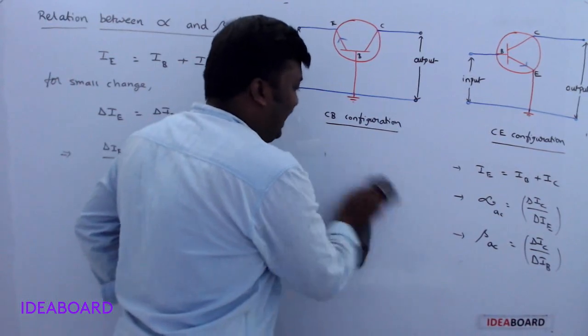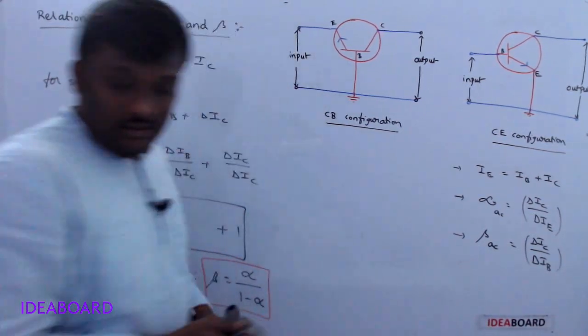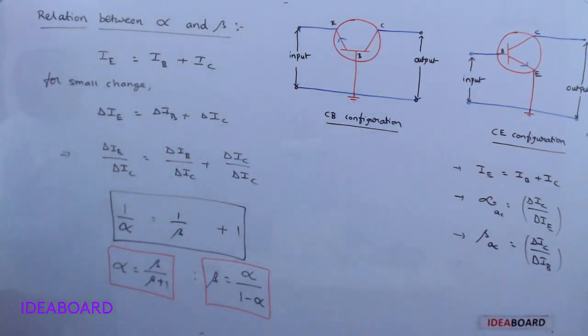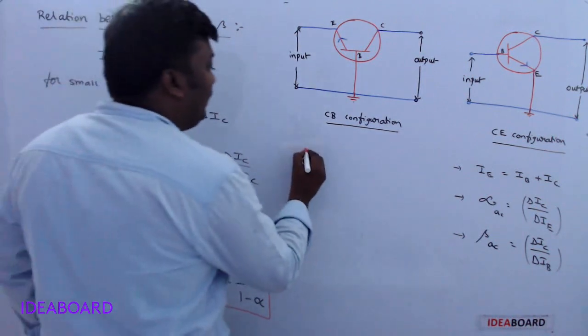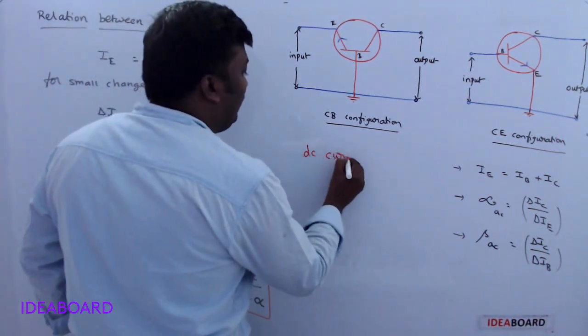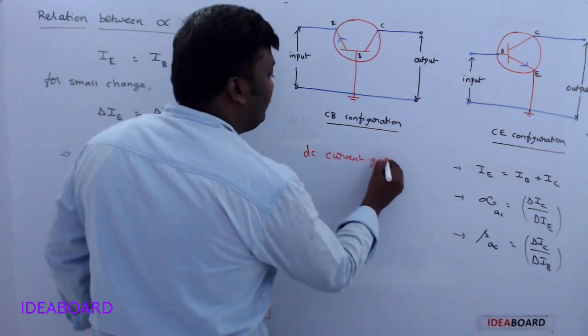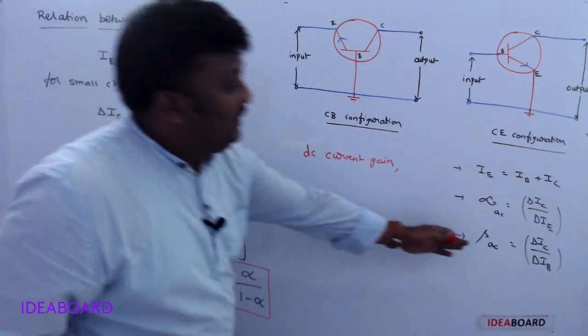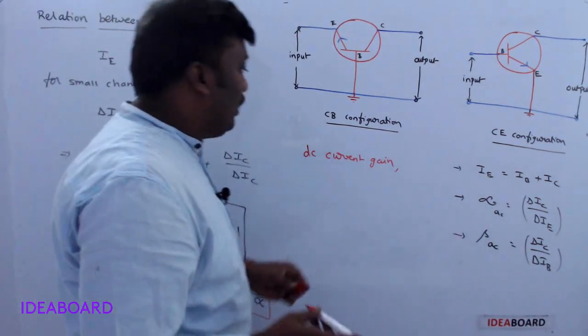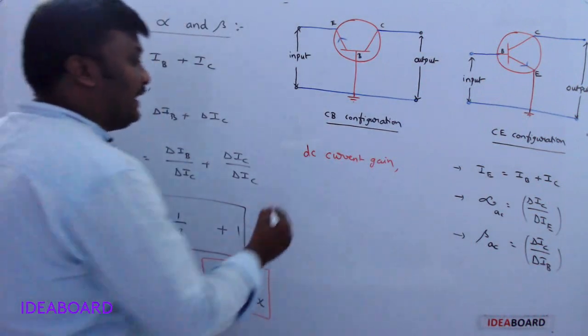We also have the formulas for current gain in DC, the DC current gain. These are AC current gains, and now we have the DC current gains.